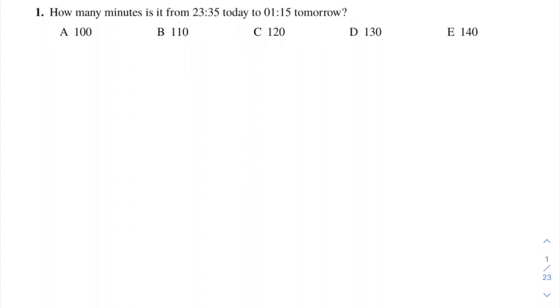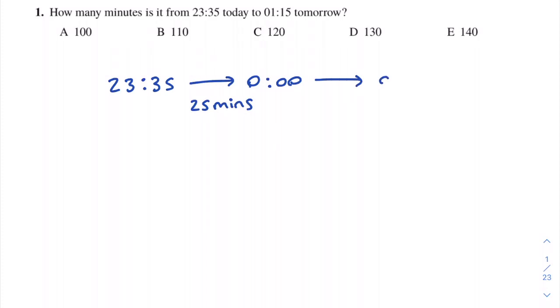Okay, so to work this out, we know that to get from 23:35 to midnight, that takes 25 minutes. And then to get from midnight to 1:15, that will take an hour and 15 minutes.